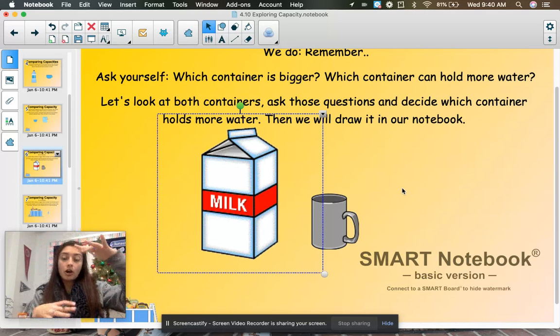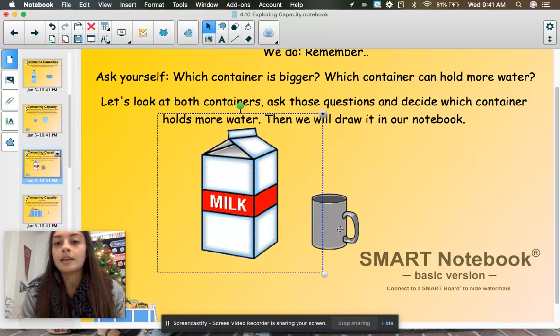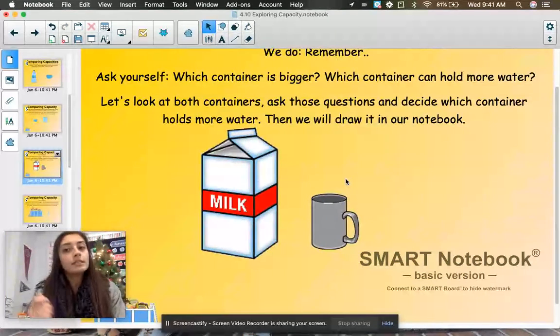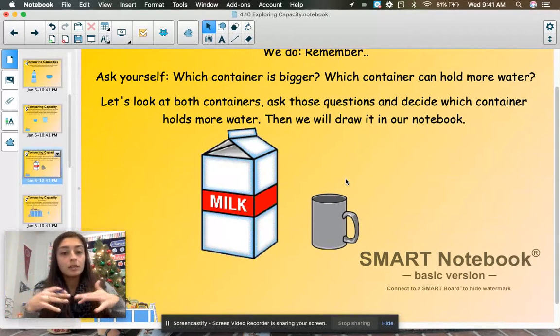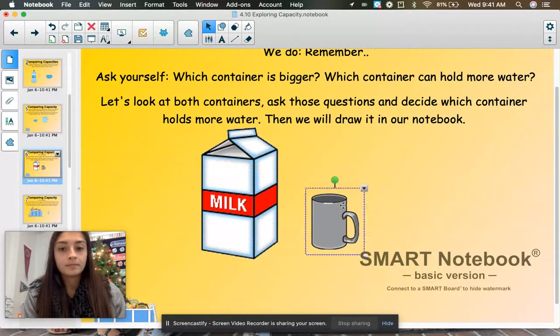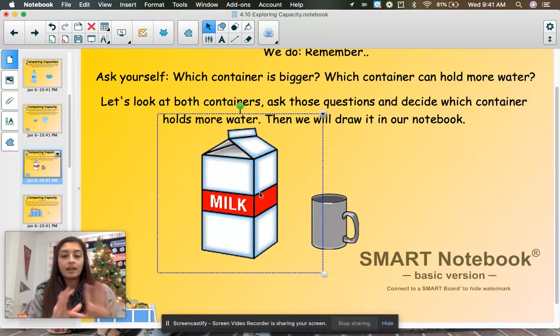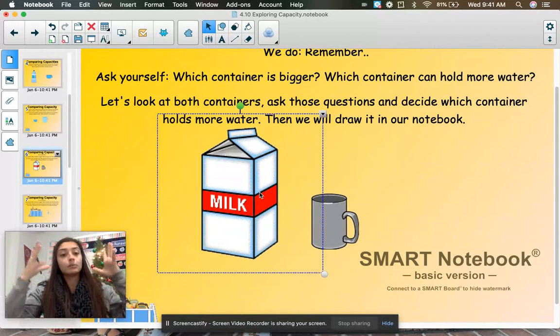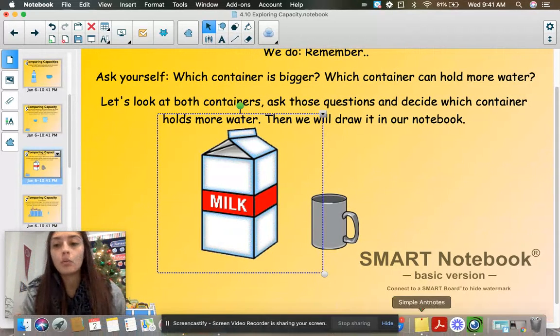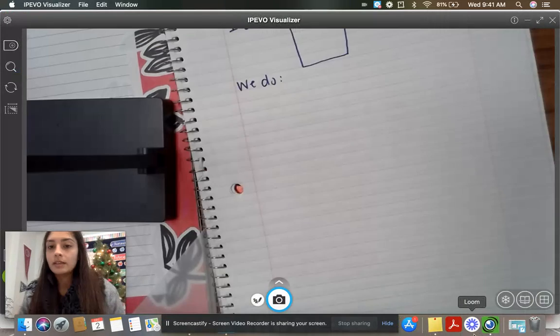Yes, it's much taller and wider than the coffee mug. So which container can probably hold more water? Which one has more space to hold water? Do you think it's the coffee mug or the milk jug? It's going to be the milk jug because the milk jug is way bigger and has more space to put water in it. So we need to draw that milk jug.